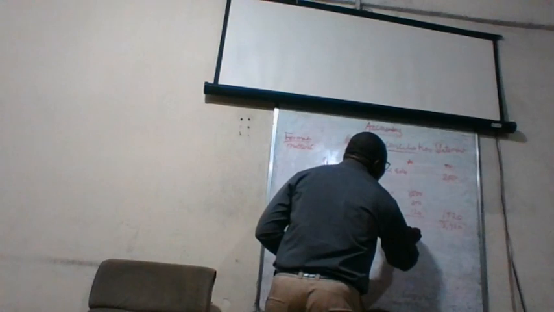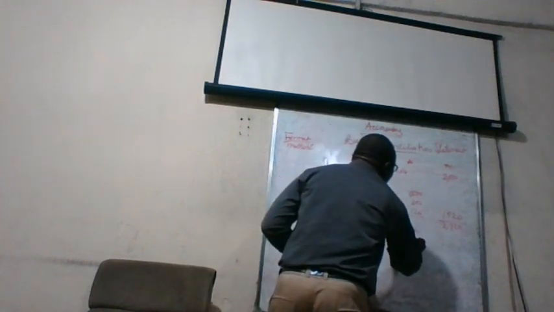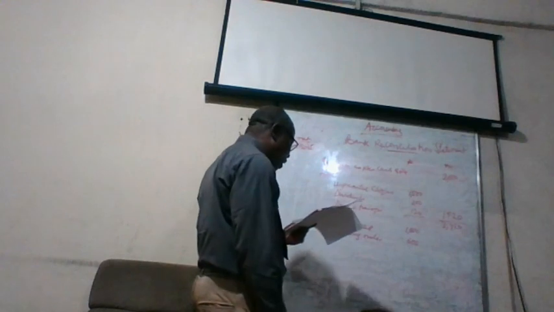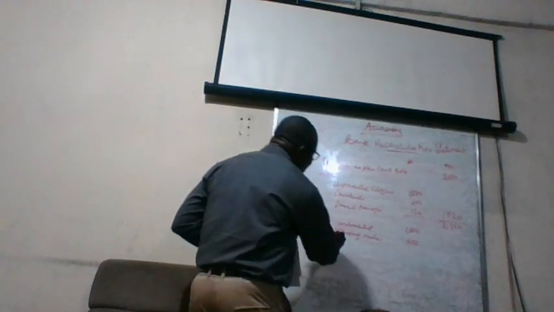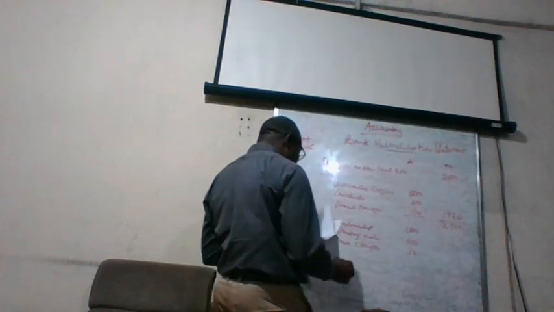How much? What again do we subtract here? We are told that there was a standing order of 600 naira. And we are equally told that there were bank charges of how much? 50 naira. Is that okay? Let's add these.